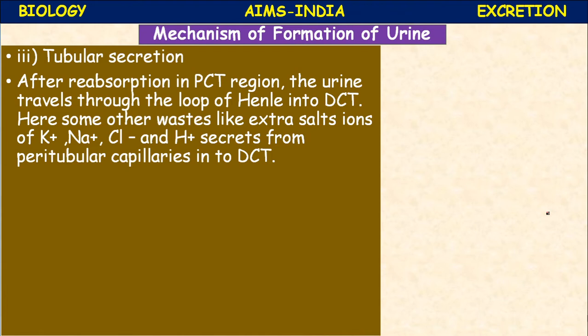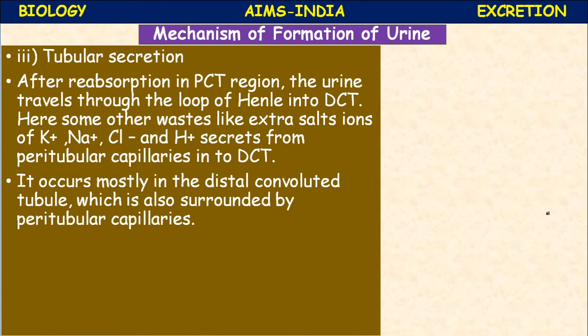Here some other wastes like extra salts, ions of potassium, sodium, chloride, and hydrogen ions are secreted from the peritubular capillaries into the distal convoluted tubule.